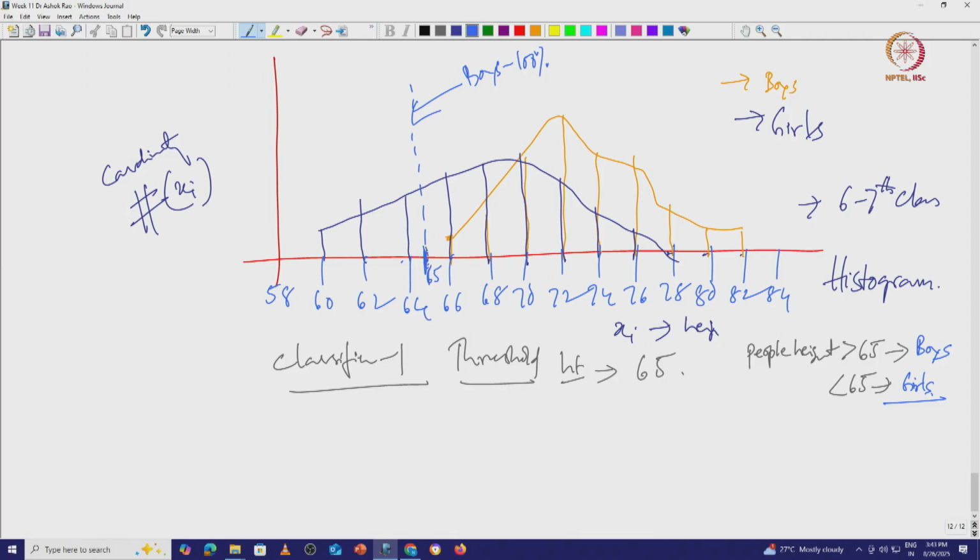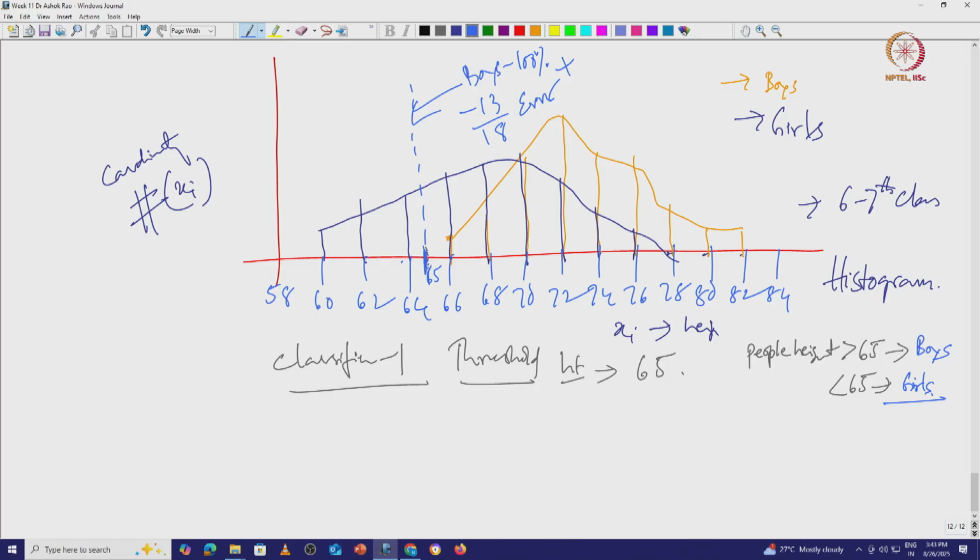The number of girls will be 3 plus 4 is 7, 7 plus 3 is 10, 10 plus 2 is 12, 1 is 13, 13 girls out of 18. 13 out of 18 is error. The total error is the error of the boys plus the error of the girls, right. This is the error, not a very accurate thing.